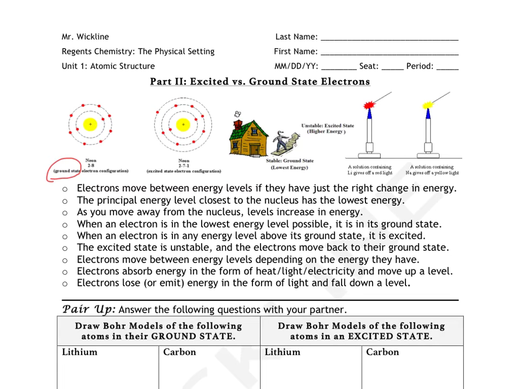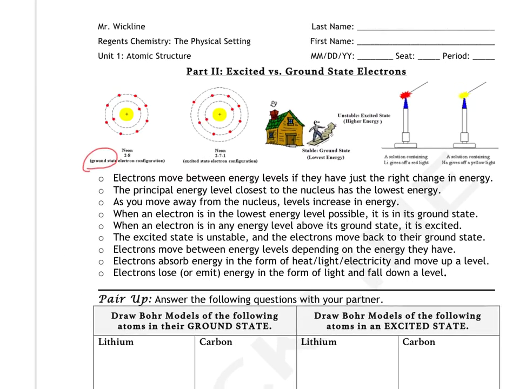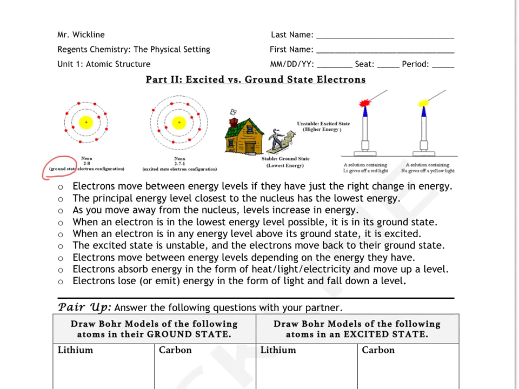And if you were going to draw that into a diagram, it would look just like this. It would have 2 electrons in the first orbit, and it would have 8 electrons in the second. So this is definitely a ground state diagram for neon.